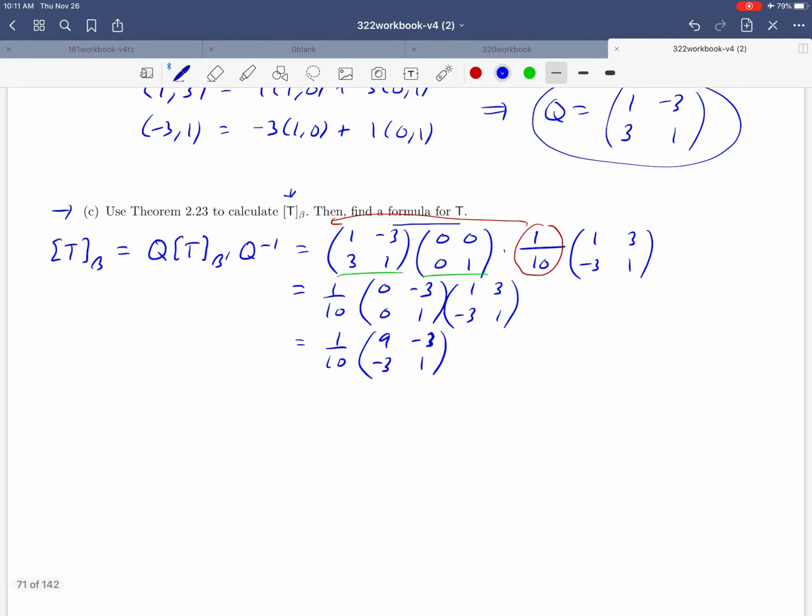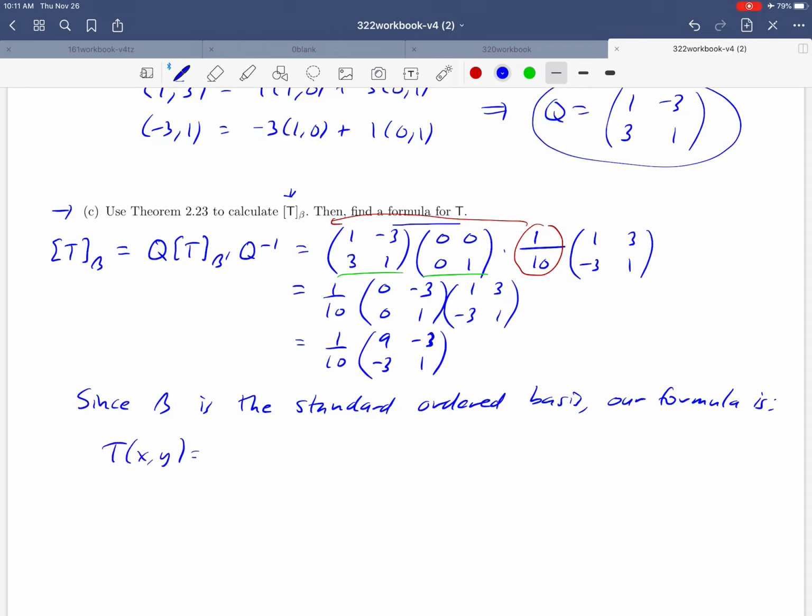Okay, and since beta is the standard ordered basis, we can look at that matrix and write down our formula directly. Our formula is T of (x, y) equals, we've got the 1/10 in front here, and we can look at the rows of our matrix to figure out the rest of it.